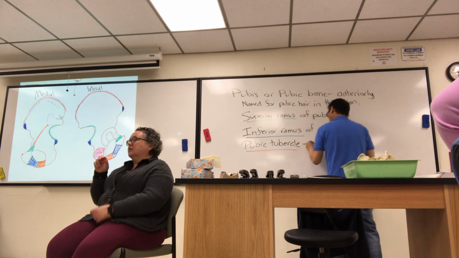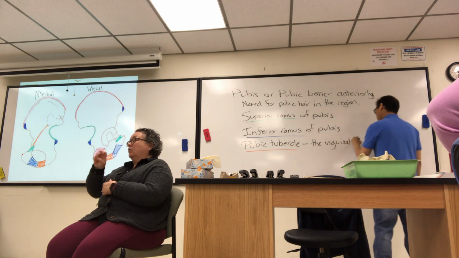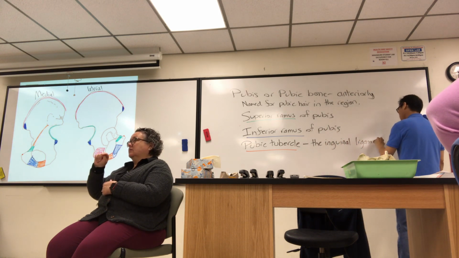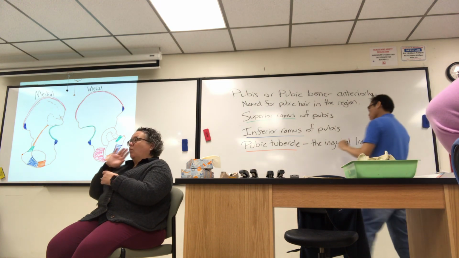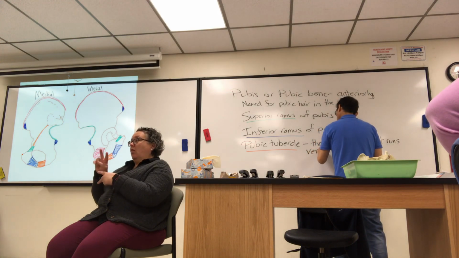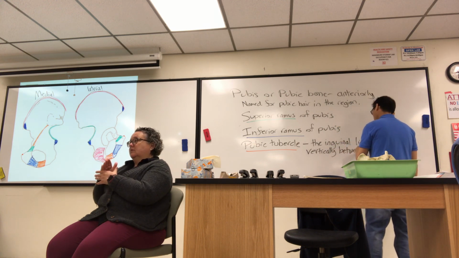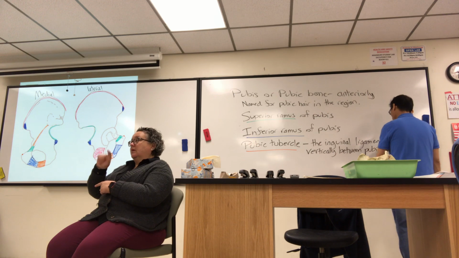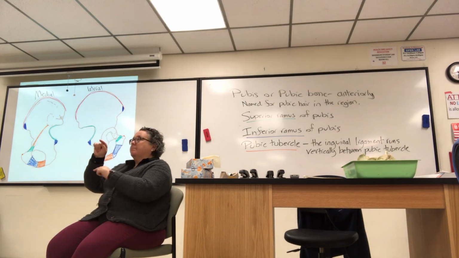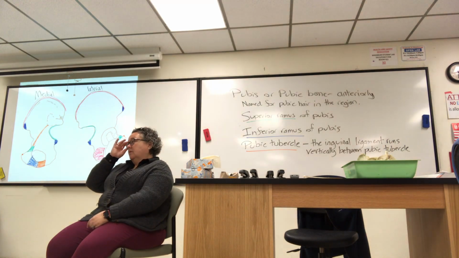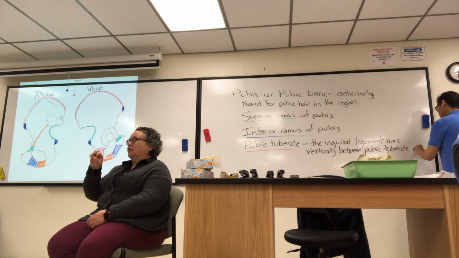So note that pubic tubercle, the inguinal ligament runs vertically between pubic tubercle and anterior superior iliac spine.